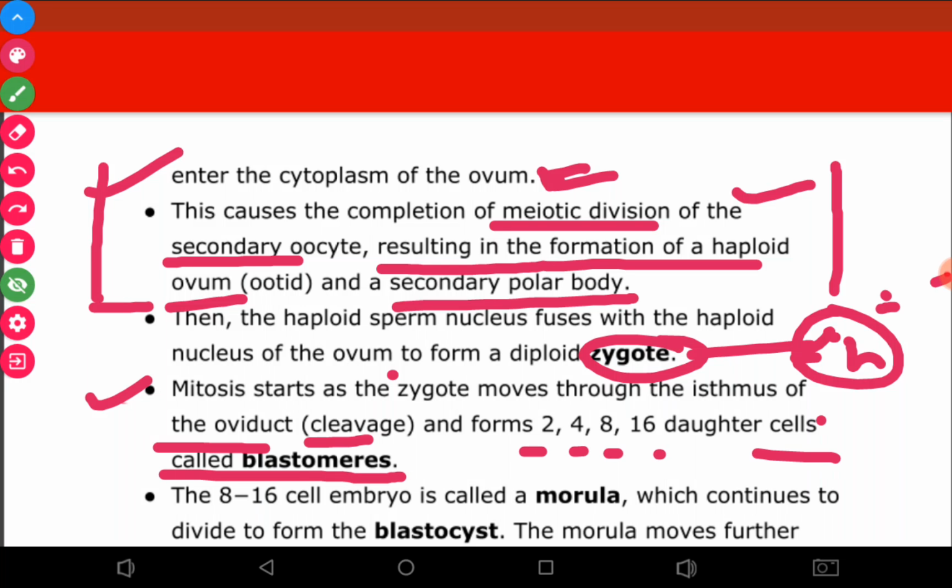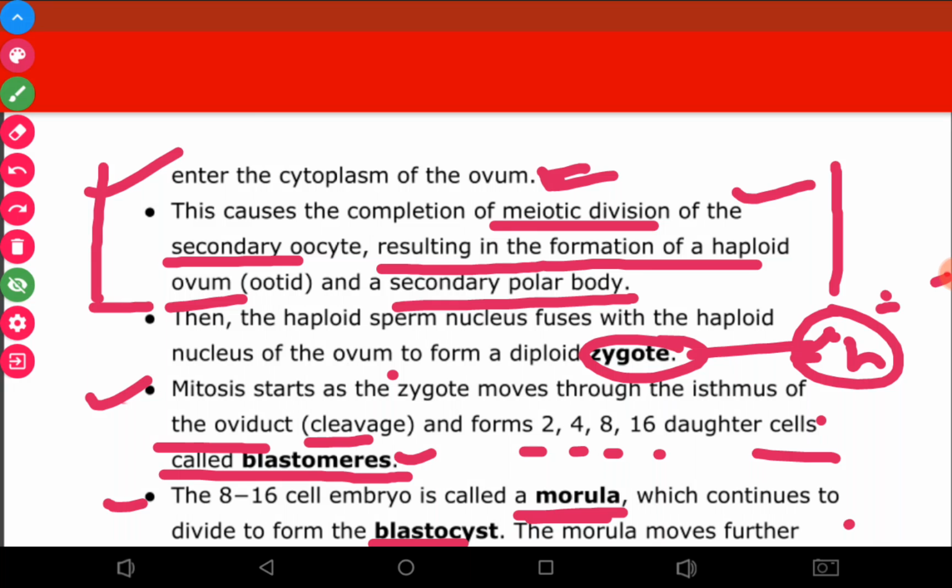Daughter cells are formed, which means the number of cells continuously increases. These cells are called blastomeres. The 8 to 16 cell embryo is called the morula, which continues to divide to form the blastocyst.